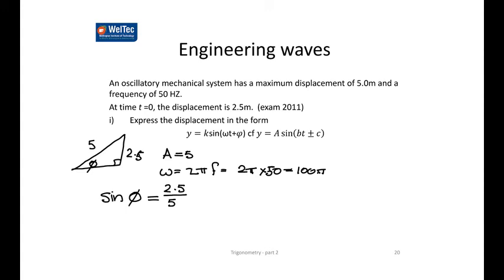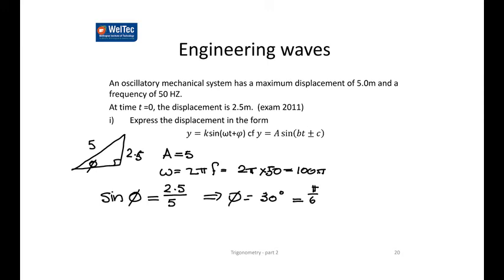So we can work out that phi is equal to the inverse sine of 2.5 over 5. 2.5 over 5 is a half. The inverse sine of a half is 30 degrees. Or probably we should have it in radians.